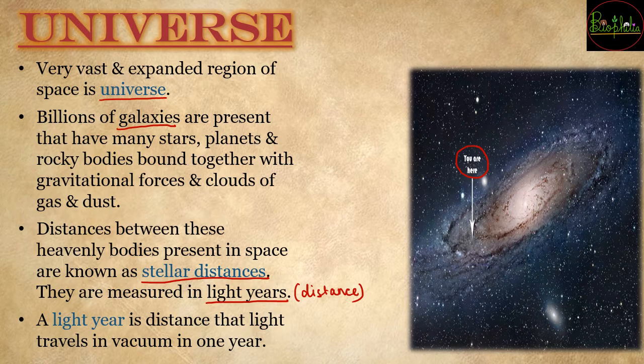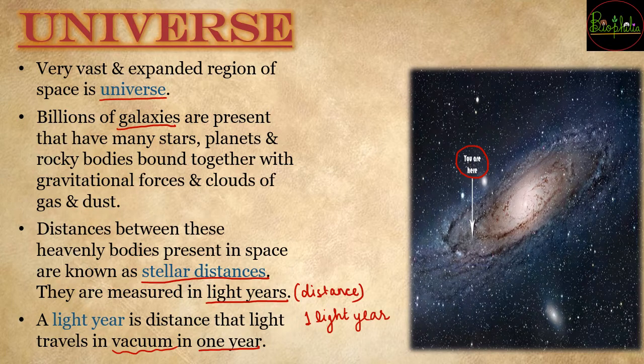So what is the unit light year? How is it standardized? जैसे 1 light year कितना होगा? So a single unit of light year is the distance traveled by light in the time period of 1 year in a vacuum. Now vacuum is very important because space में vacuum होता है, right?